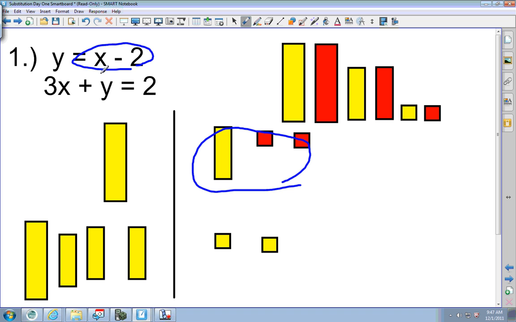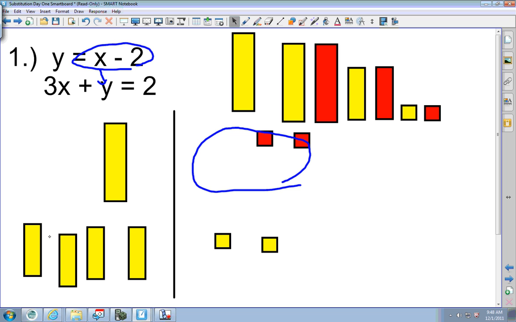So I'm going to take what the y equals and I'm going to put it in here for y. So down here where this y is, instead of this y, I'm going to take these and put it down here in replace of the y. So I'm going to move the y out of there, and instead I'm going to put these down here.